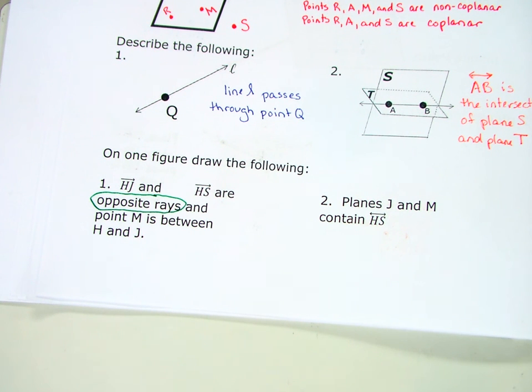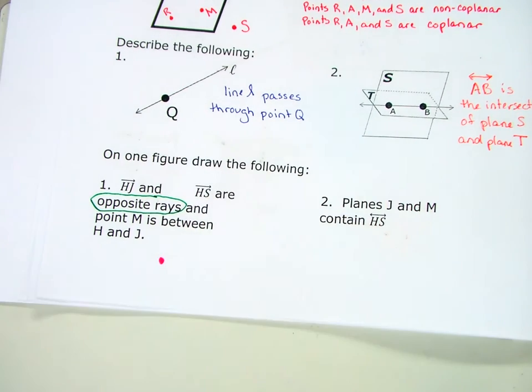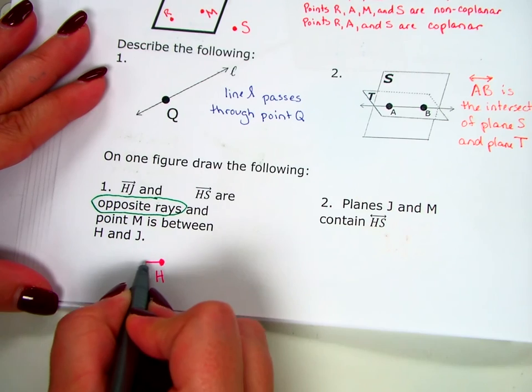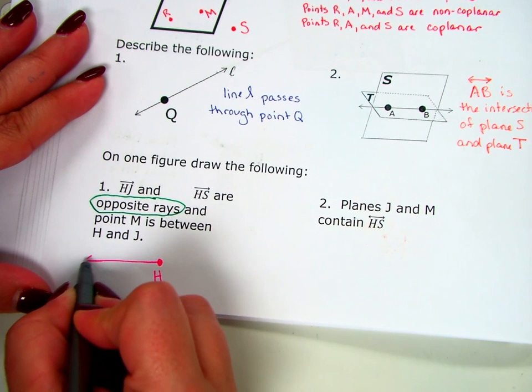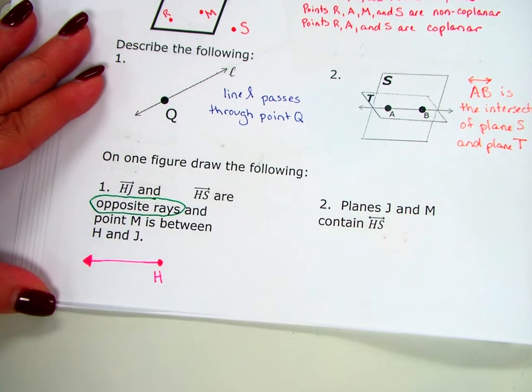So if I want to draw ray HJ, I'm going to start at point H. And then it's going to go in the direction. You can make it go any direction. I'm just going left because I know where this picture is going.